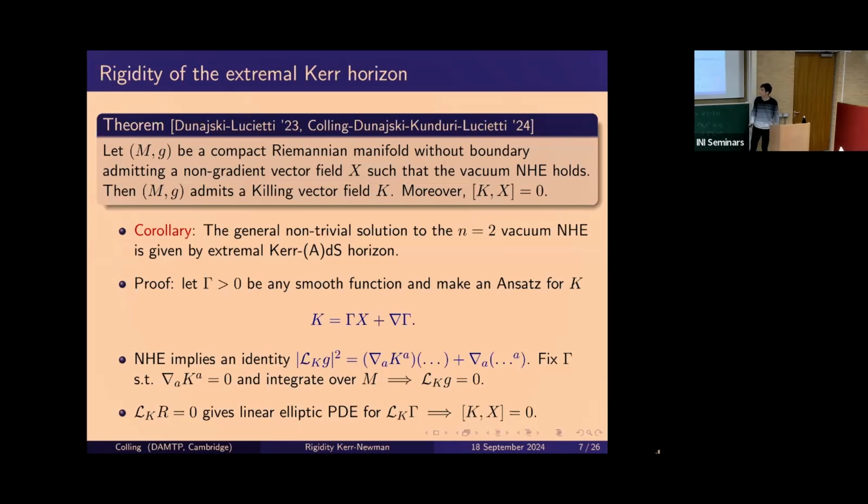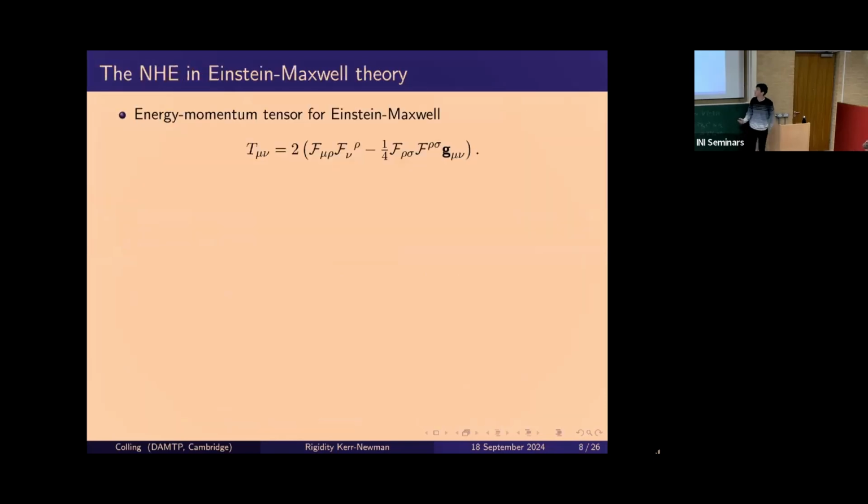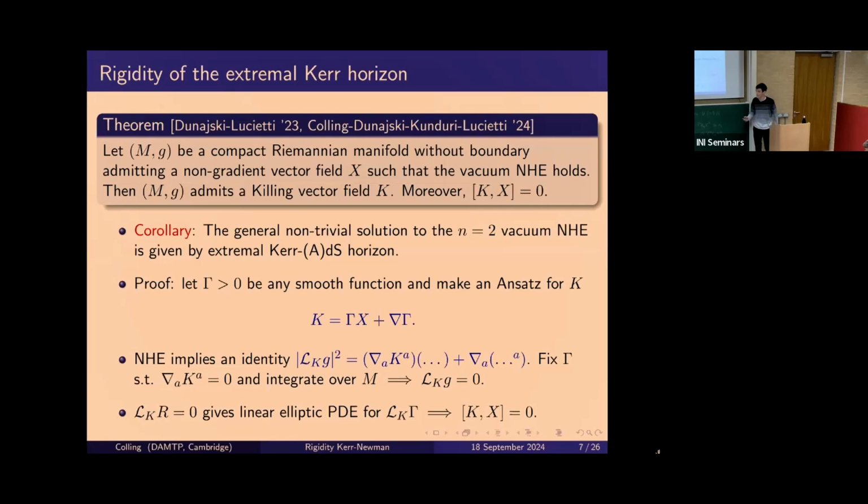I would now like to move on to the Einstein-Maxwell case. So we now have some energy momentum. For Schwarzschild, X is 0 and K is also 0. Ah, good, I should have mentioned that.